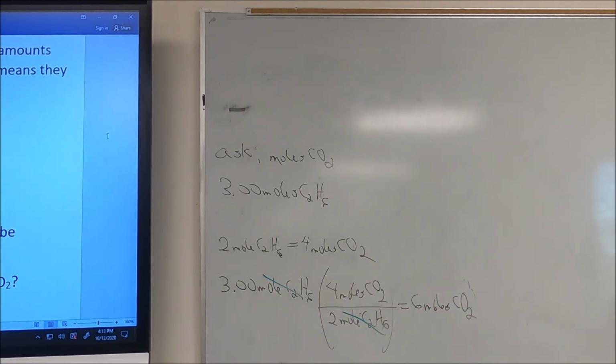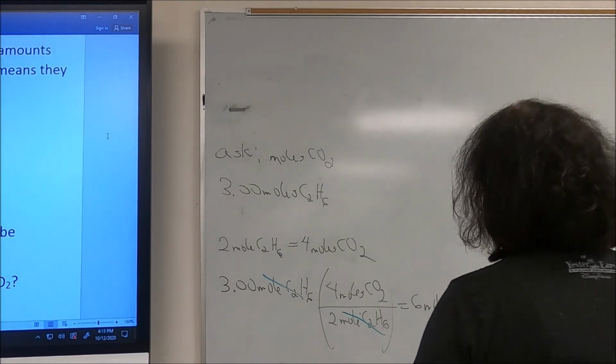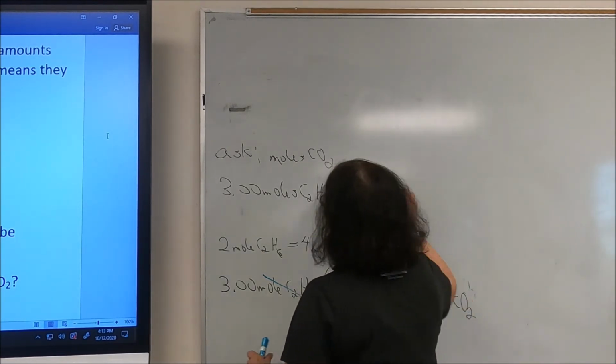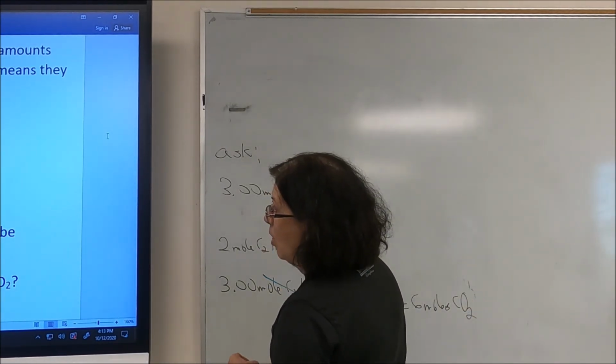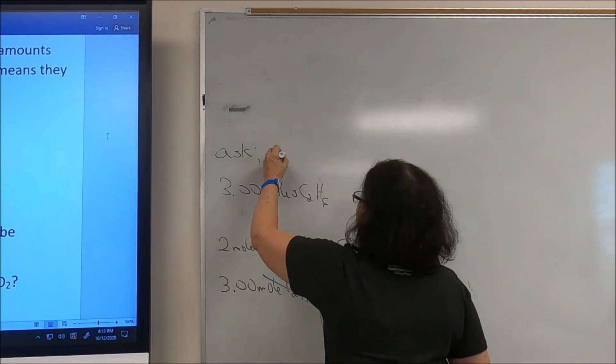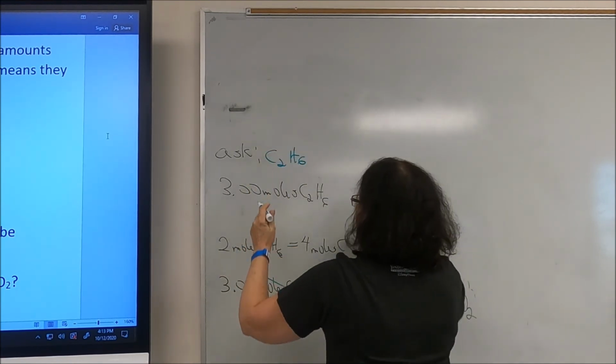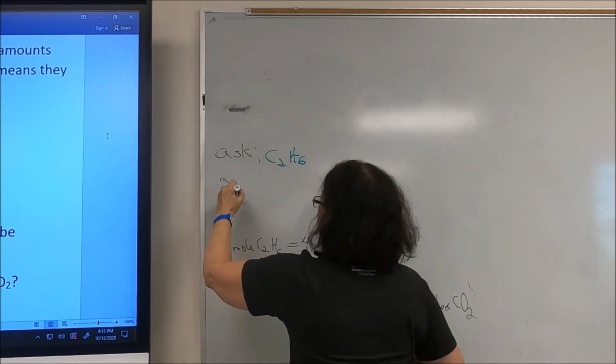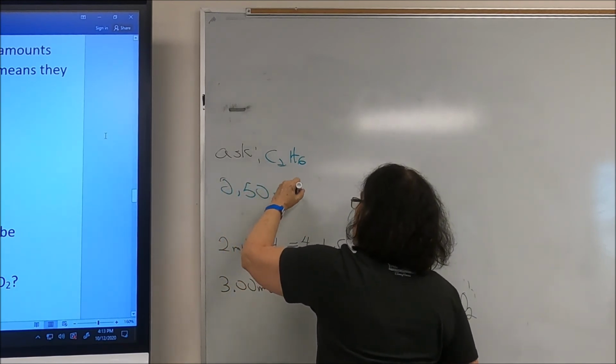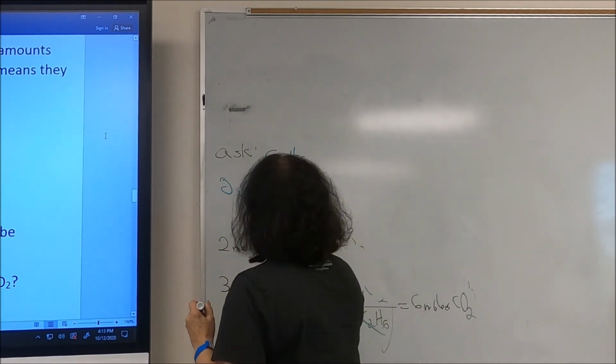Not bad, right? So you could do the same thing and figure out how many moles of C2H6 could react with, let's say, 0.5 moles of oxygen. Okay? That's the next little question I've got. So now we're asked moles of C2H6, given that we have 0.50 moles of oxygen.